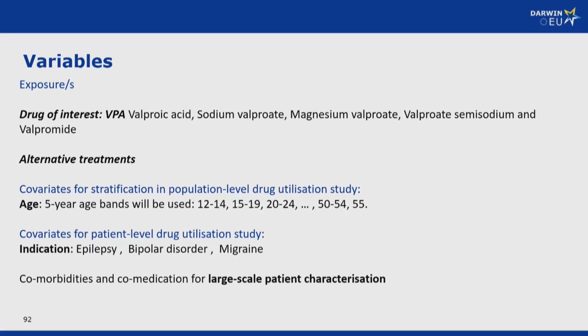And we also look at alternative treatments. I'm not going to talk about the alternative treatments, but you can all see it in the Shiny app or in the report. And then we look at age, of course, indications, and then we did a large-scale patient characterization.